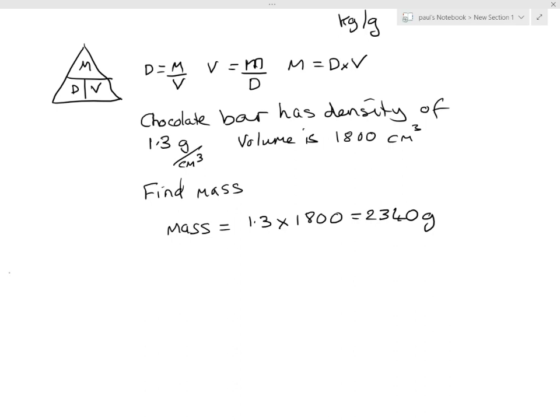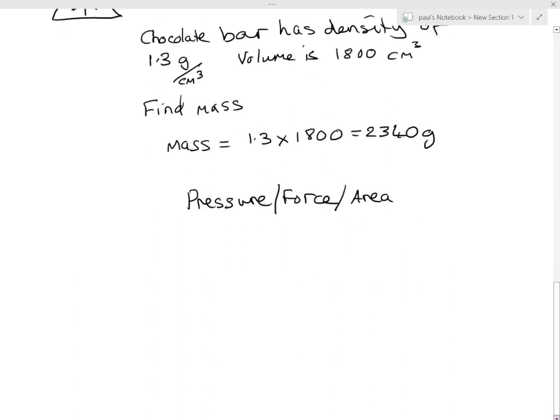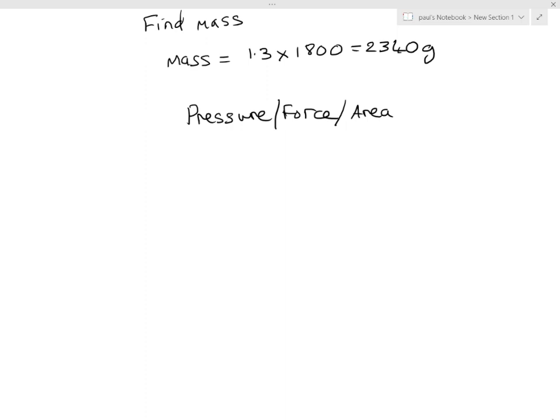Right, so the third one of this is pressure. And pressure involves pressure, obviously, force, and area. So it's how much pressure you can put on a certain area. If the area becomes smaller, then the pressure becomes bigger if the force is the same, so on and so forth. Right, so again, one of these little triangles.